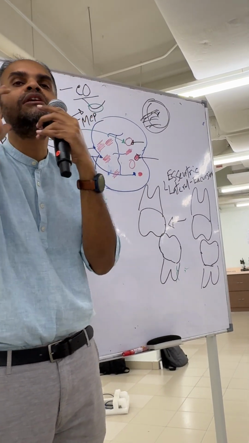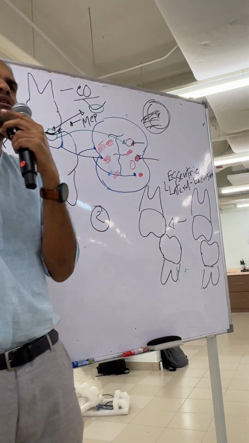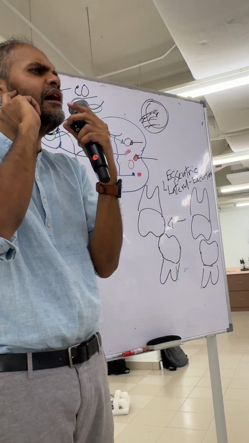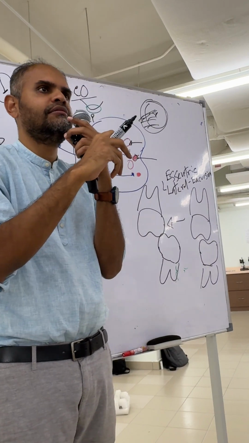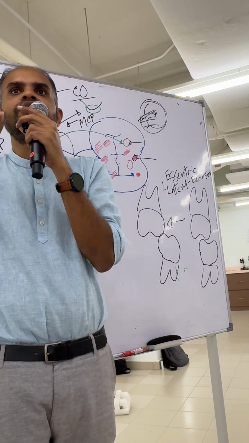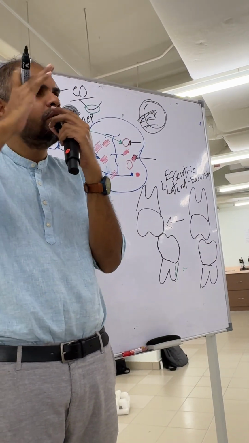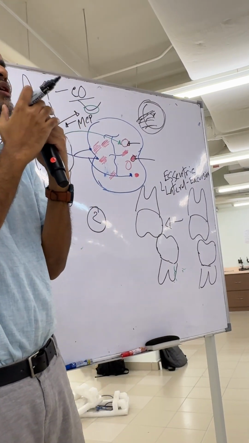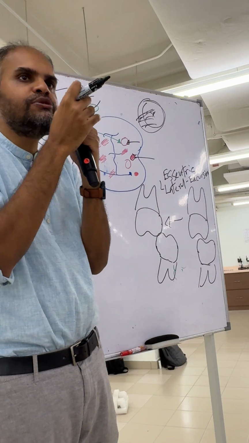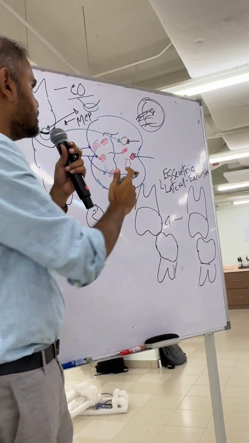The patient will tell you, doctor, this particular area I feel is touching more compared to the other side. All the sides are touching, but these sides are more touching, more contacting. So you can call it heavy bite, too much bite, right? So this is the example of that.